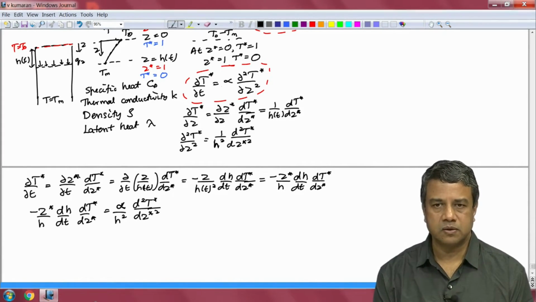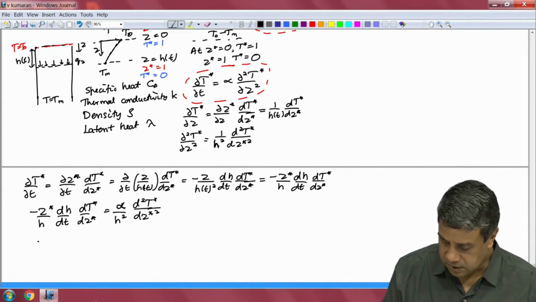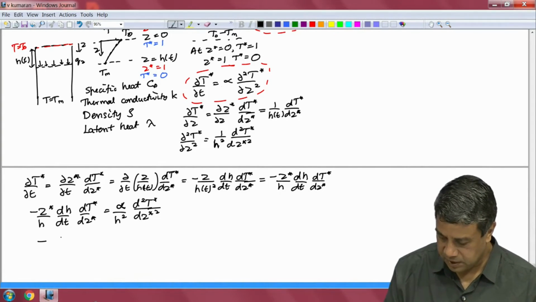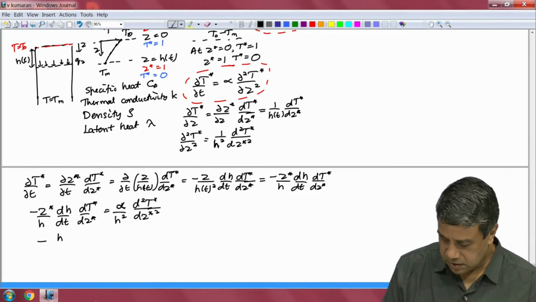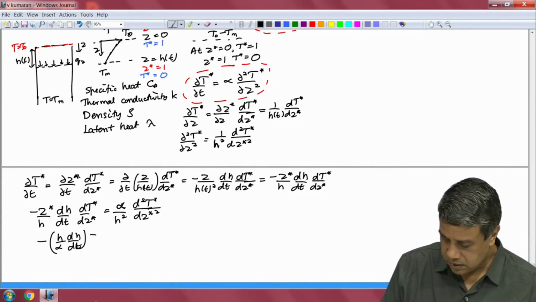And I multiply throughout by h square by alpha, so that the coefficient on the right side becomes 1, and I will get minus h by alpha dh by dt into z star.